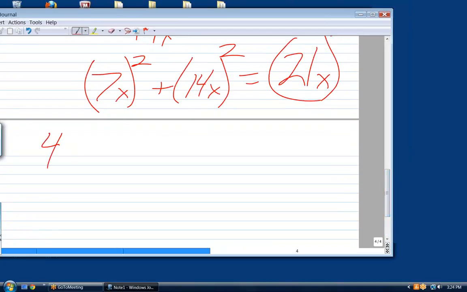So this is 49x squared. What's 14 squared? That's 216? No, 116. Yeah, no, 196. Equals, what's 21 squared?